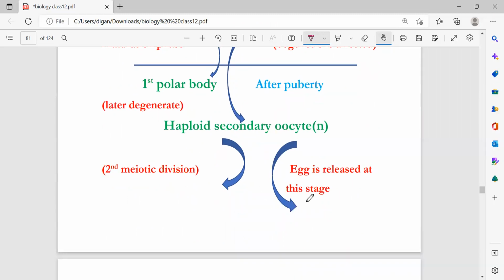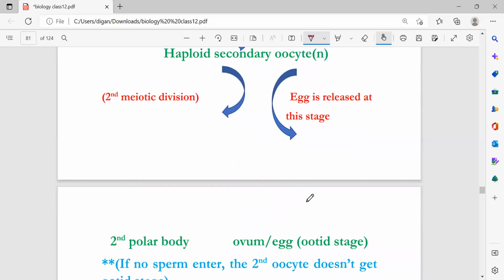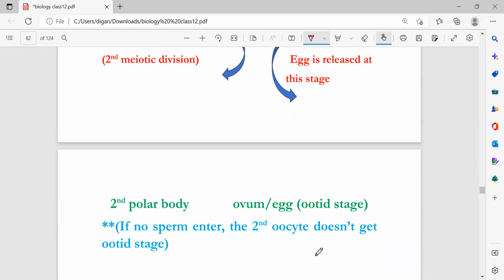The egg is released at this stage and undergoes the second division, and a second polar body is formed, and the ovum or egg is produced, and this stage is known as the ootid stage. If no sperm enters at this stage, the secondary oocyte does not get into the ootid stage. So this is the process of oogenesis.